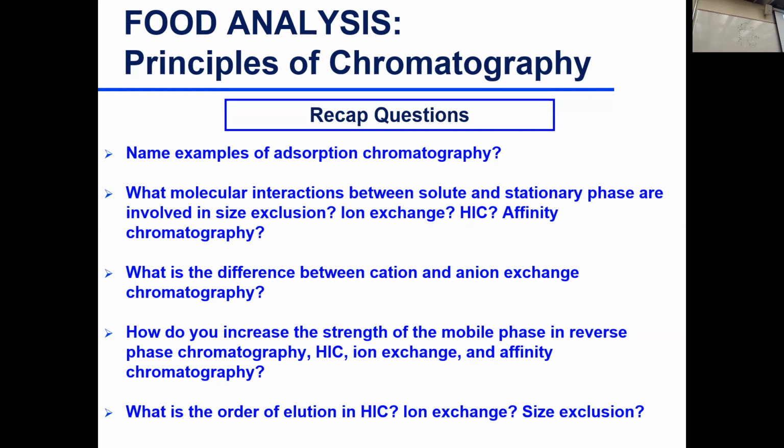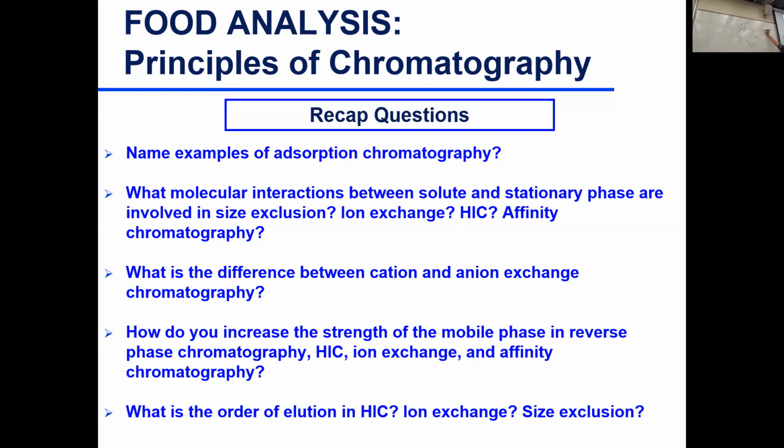So you change the mobile phase two ways. If it's specific, you can add ligands. If you remember, you have your support, you have a spacer, and you have some form of a compound attached to it.